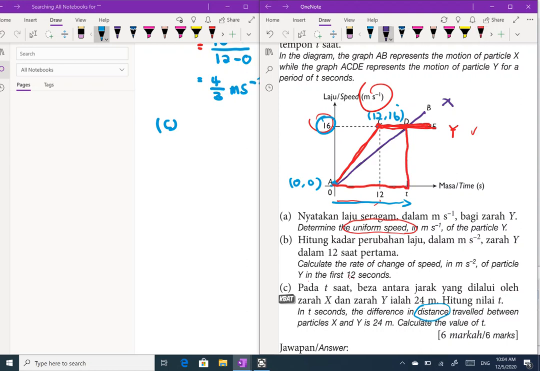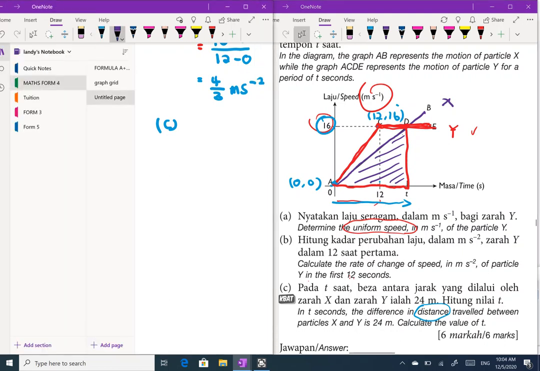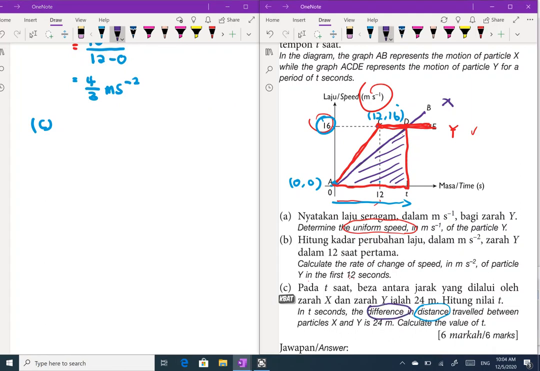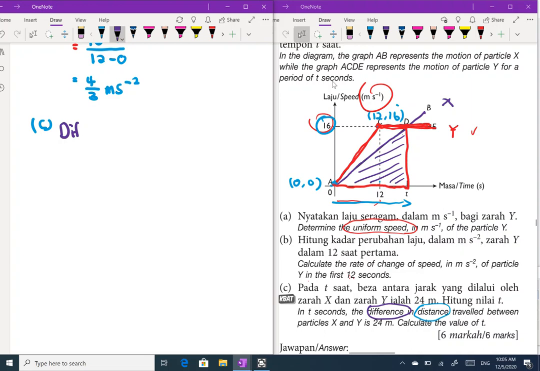So this is the area for x. It's a triangle. So we use the bigger shape minus our small triangle. That is the difference. Difference means subtract.